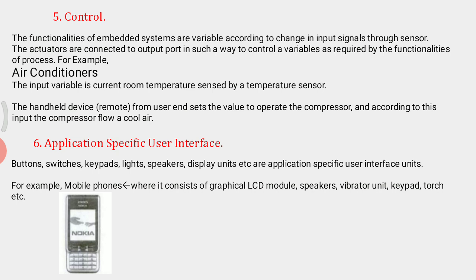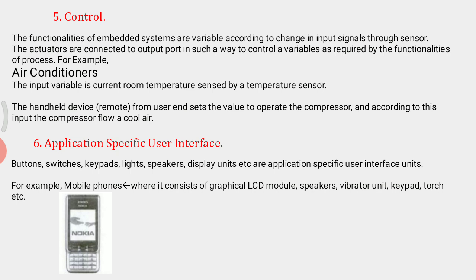Next, application specific user interface. Some user interfaces are required here, like buttons, switches, keypads, lights, speakers, and display units, etc. These are application specific user interface units. For example, a mobile phone consists of a graphical LCD module, which is basically required.